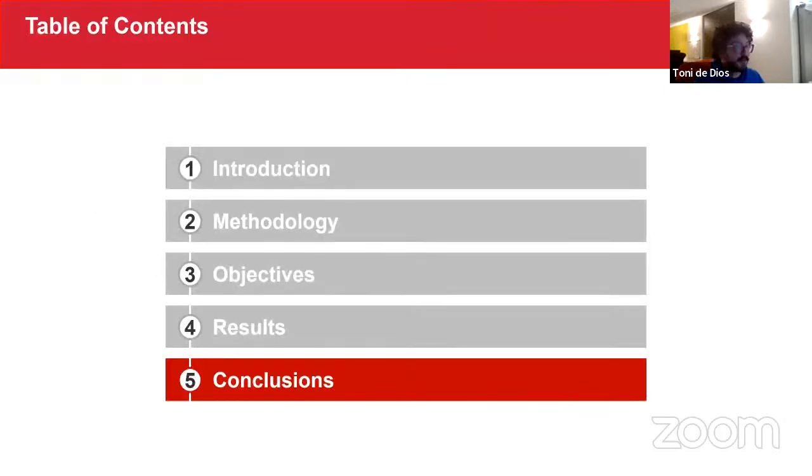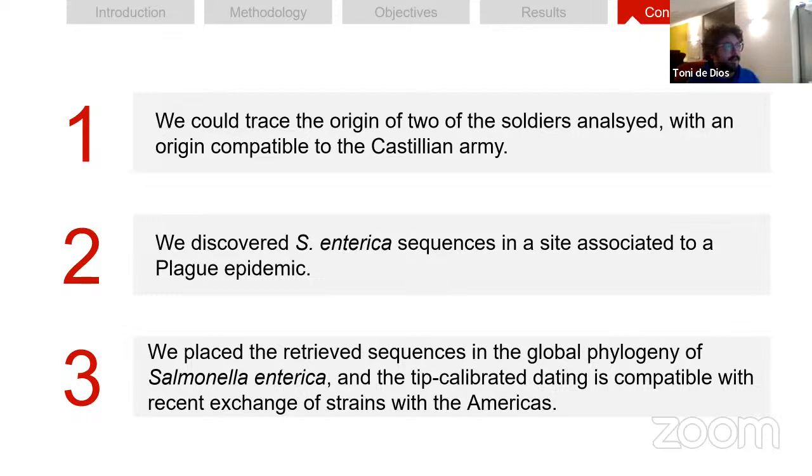So, as a brief conclusion of this study, the first one is that regarding the human DNA and the soldiers, we can say that the origin is compatible with the Castilian army because of the region, the Basque Country and Sardinia. The second, quite big conclusion, is that although we cannot retrieve Yersinia pestis sequences from the site, we were able to recover a partial genome of Salmonella enterica.